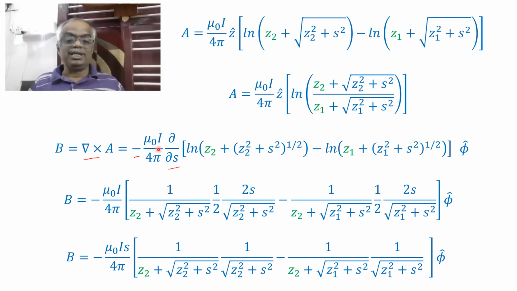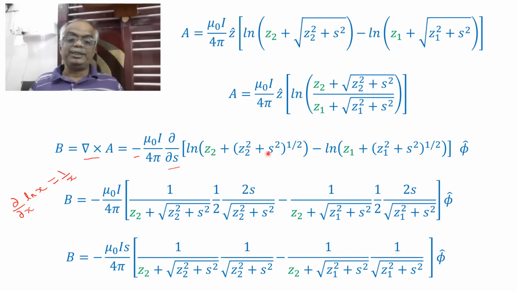We have taken the constant mu naught I over 4 pi outside, and we are going to differentiate this natural logarithmic term. For mathematical convenience, I am rewriting the square root as a power. Now if you differentiate, d by dx of natural logarithm x is equal to 1 over x. It's a standard differentiation.